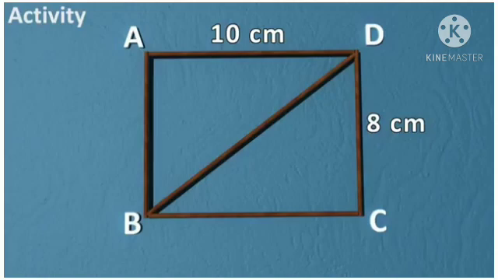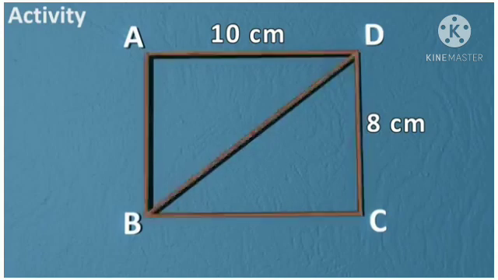You will observe that the shape does not change. So, we can say that the introduction of the fifth stick has fixed the rectangle uniquely. That is, there is no other quadrilateral possible now. Thus, we observe that five measurements can determine a quadrilateral uniquely.